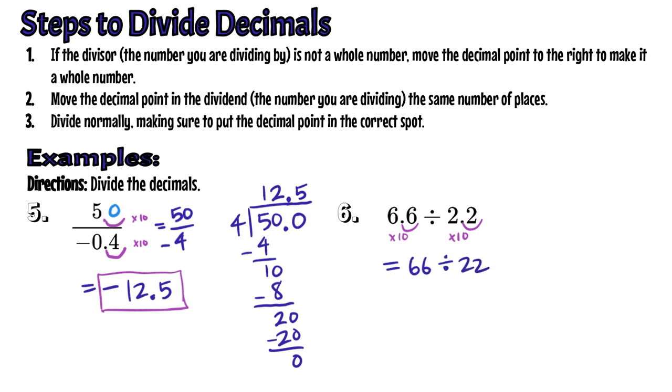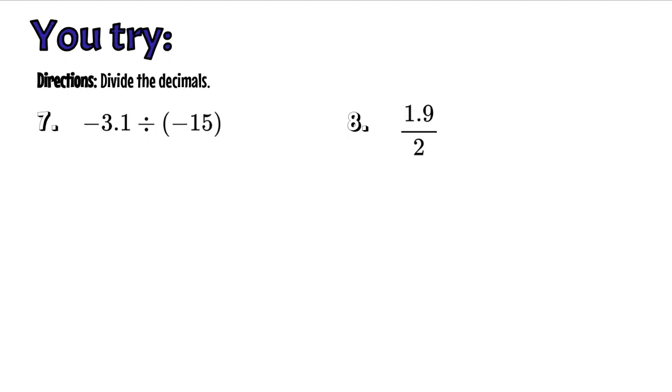And then this one, we don't really even have to set up a long division problem, because I know that 66 divided by 22 is equal to 3. If you didn't know that, you could just think about 22 times 3 equals 66. So there we have it. All right, pause the video and try some problems on your own, number 7 and number 8.